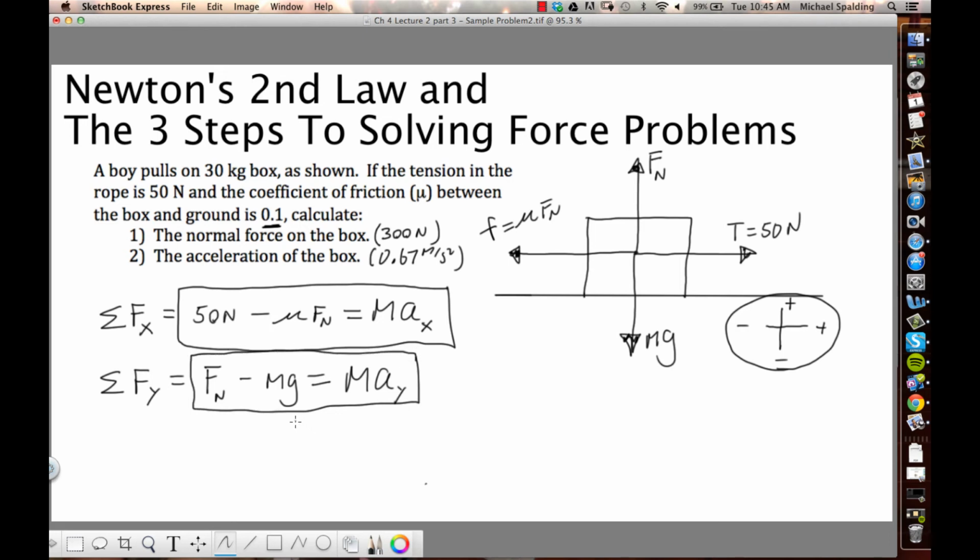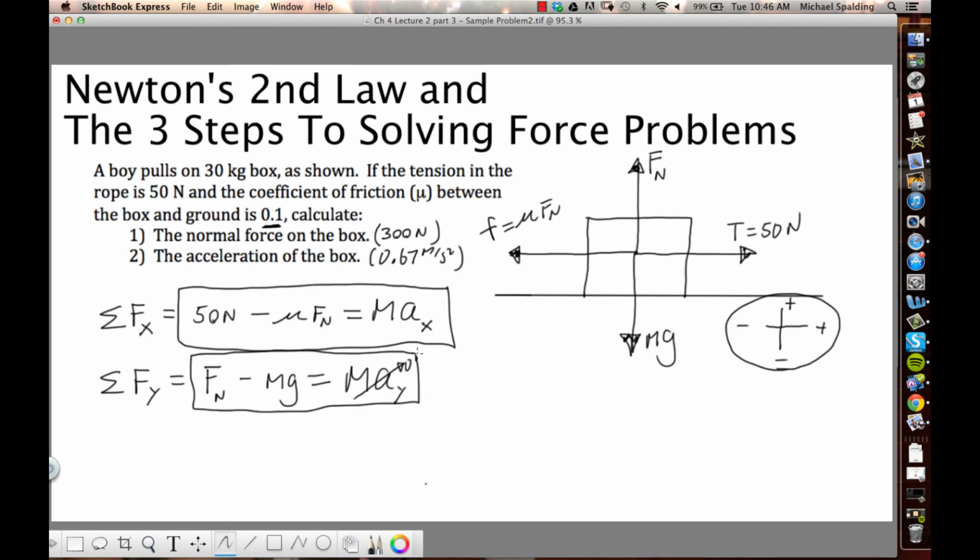All right, now, which way will the box accelerate? Is the box going to be accelerating in the x or in the y? It's accelerating in the x. So what can we do to the y acceleration? The y acceleration goes to 0 because we don't have one.